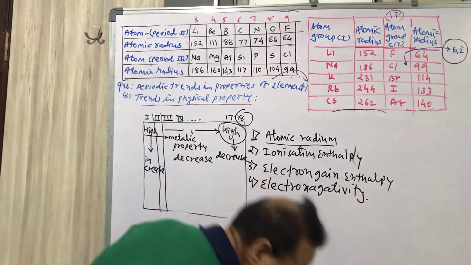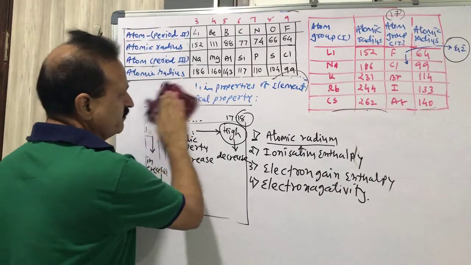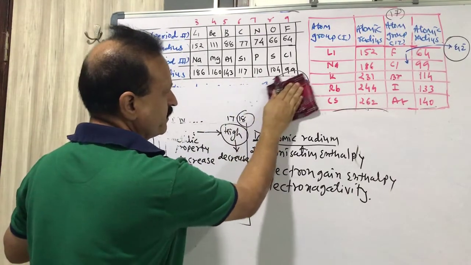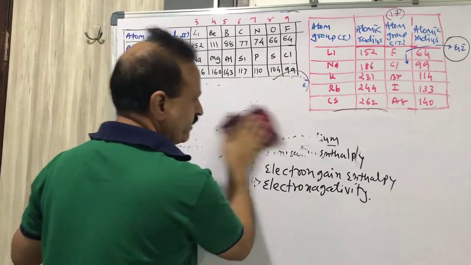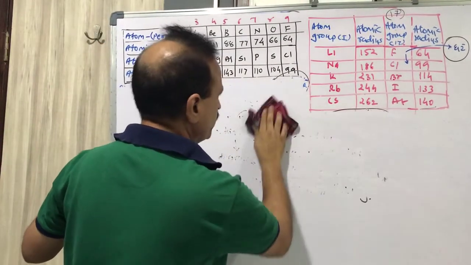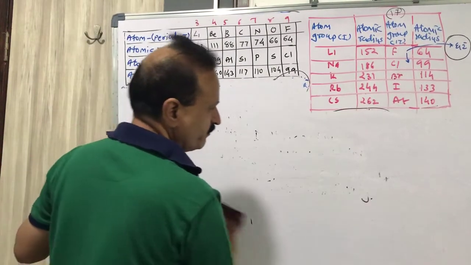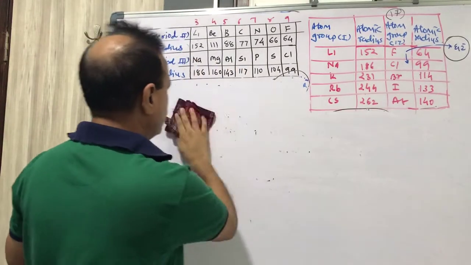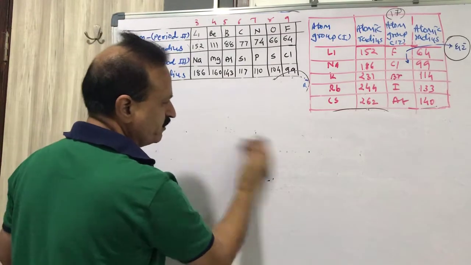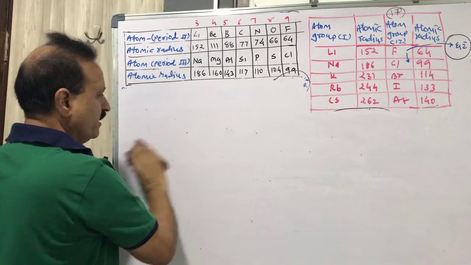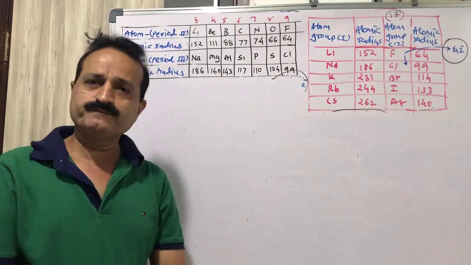Let's see. We have already discussed that an atom cannot be seen. An atom is so tiny, we cannot see it clearly because it is invisible. But it is a challenging question for us how we can measure the radius of an atom.